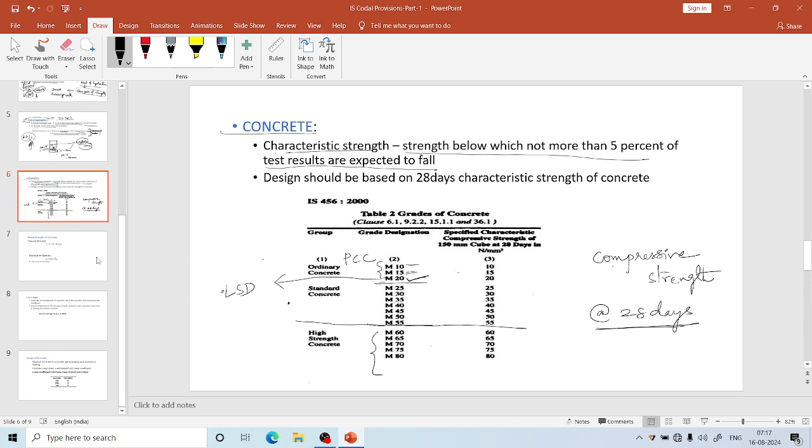If it is a reinforced structure designed in limit state design, we have to use from M20. And we all know about batching of concrete: nominal mix can be used for ordinary concrete, and for standard concrete we should batch by weights.